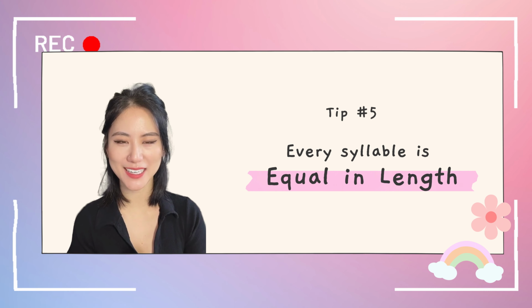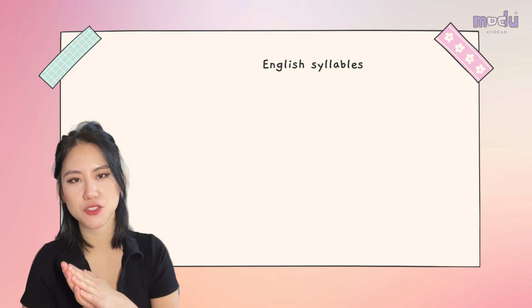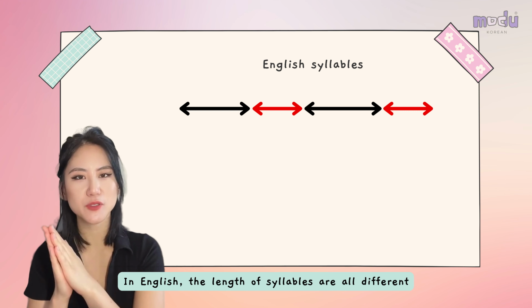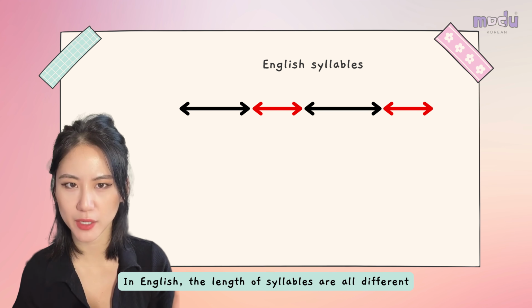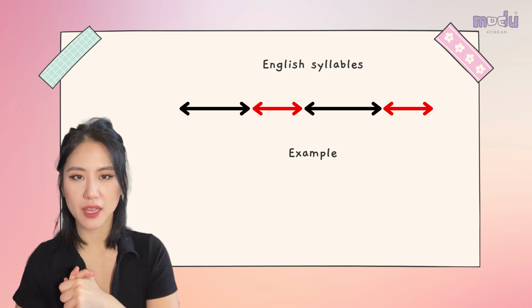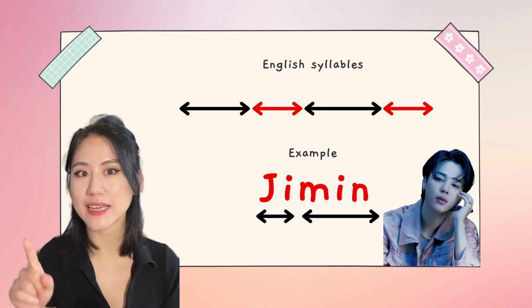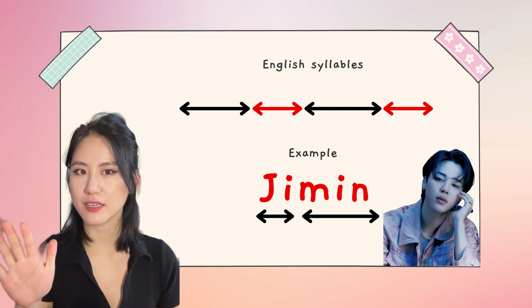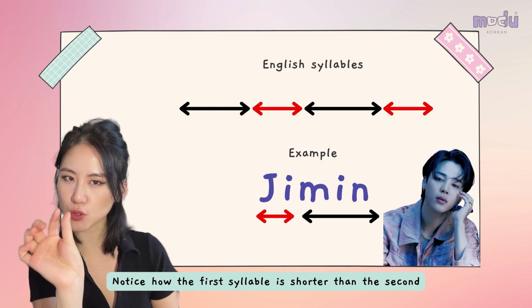Every syllable is equal length. So in English, what we tend to do is our syllables kind of go big, small, big, small, big, small when we say particular words. So for example, if we say Jimin's name, we go Jimin, Jimin. And notice how that first syllable is very short.